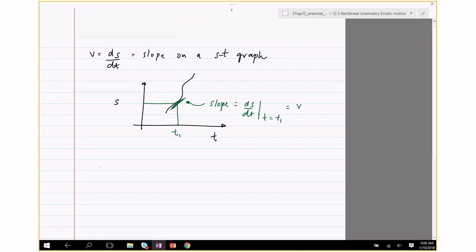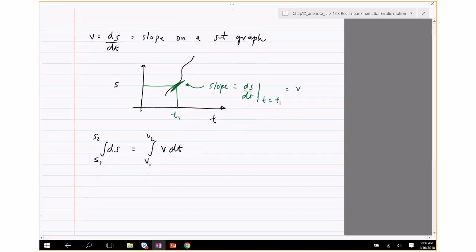The other way to interpret this, similar to the previous case, is you multiply both sides by dt and take the integral. That would give me ds. Integral ds is integral v dt, and I'm going to use limits s1, s2, t1, t2. I can find the left hand side.